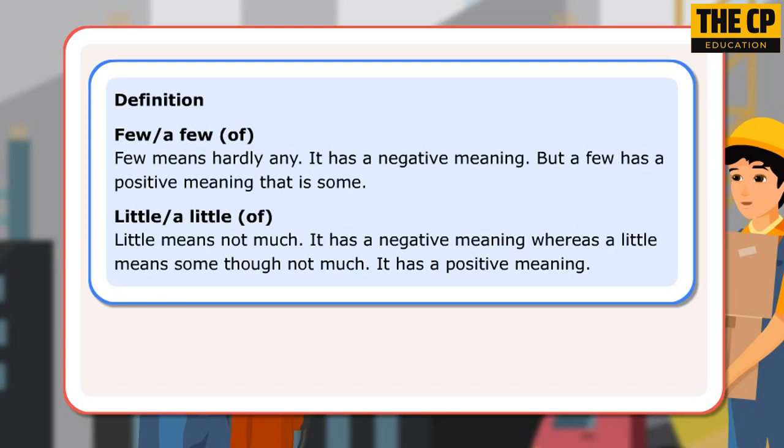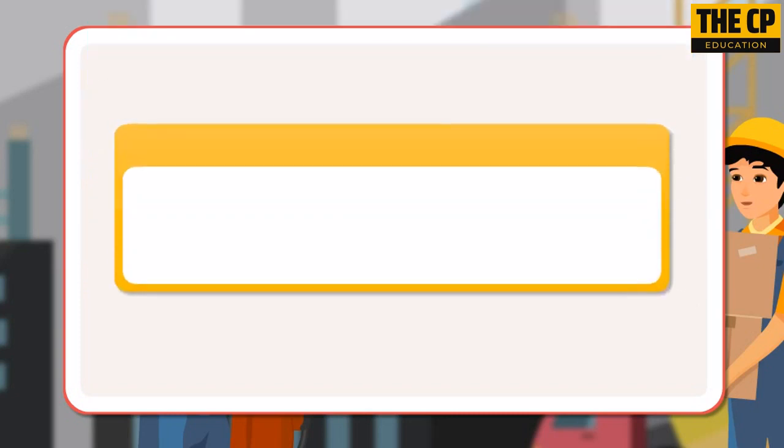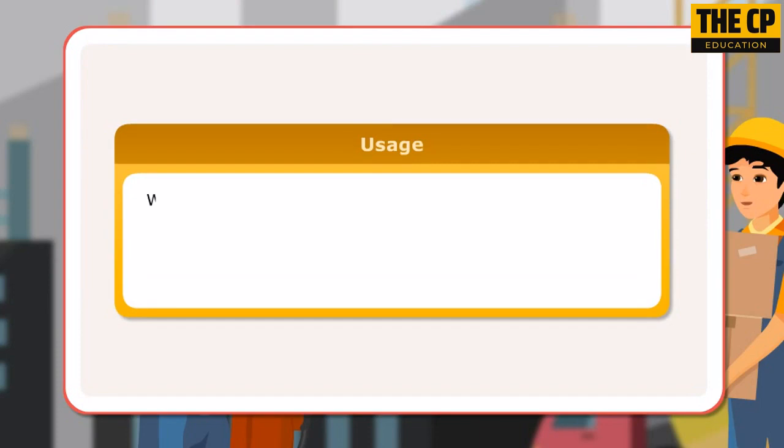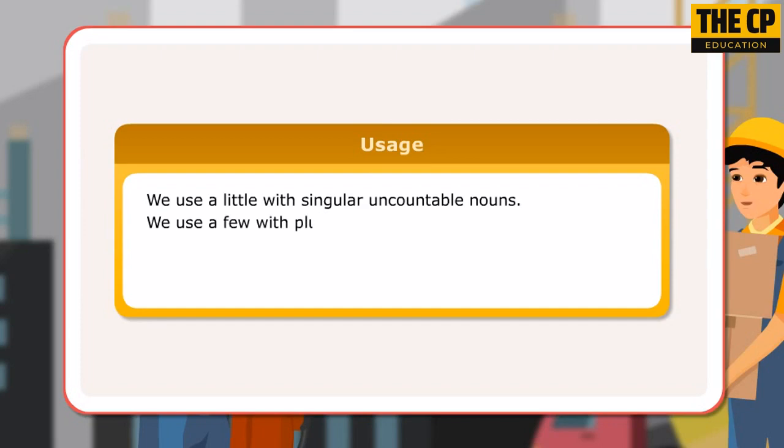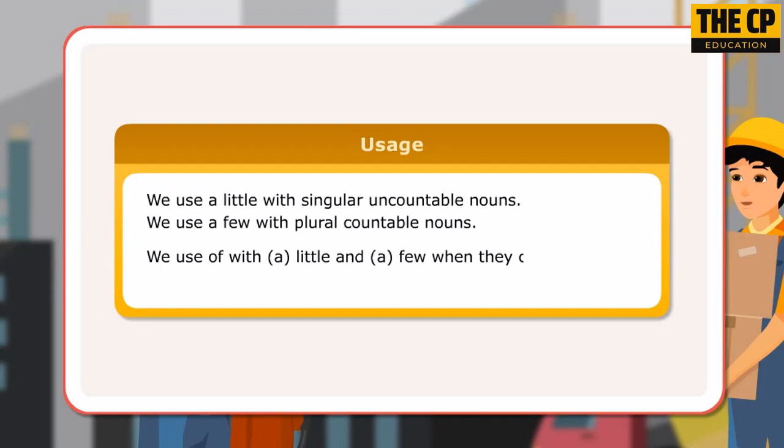It has a positive meaning. Usage: we use a little with singular uncountable nouns. We use a few with plural countable nouns. We use of with a little and a few when they come before articles, demonstratives, possessives, or pronouns.